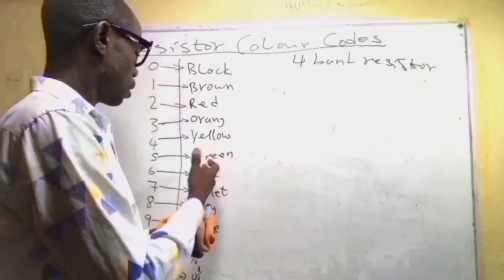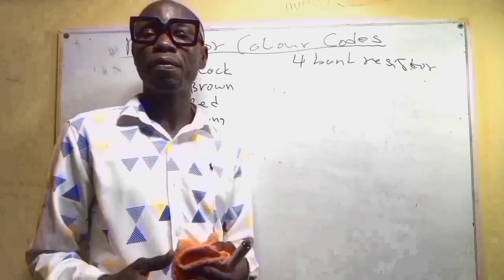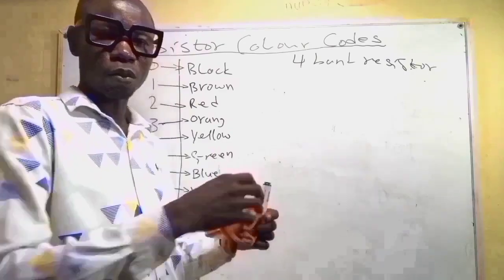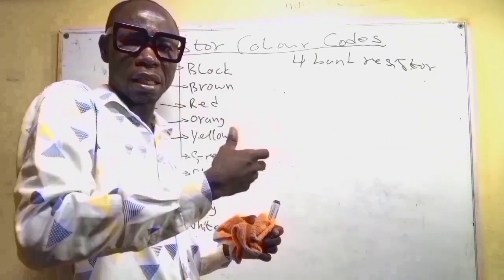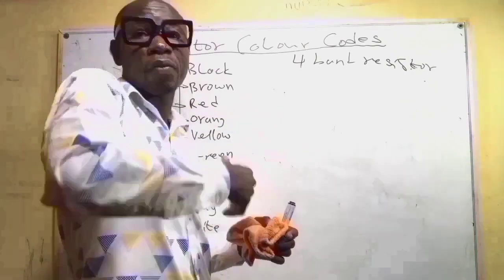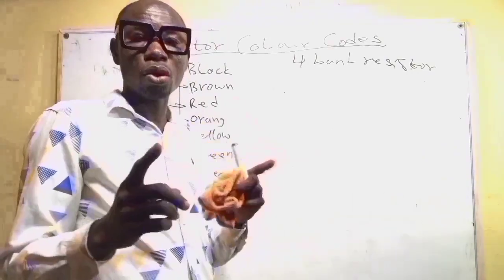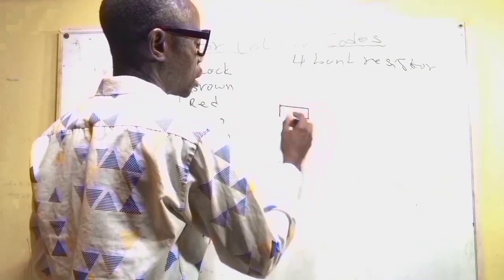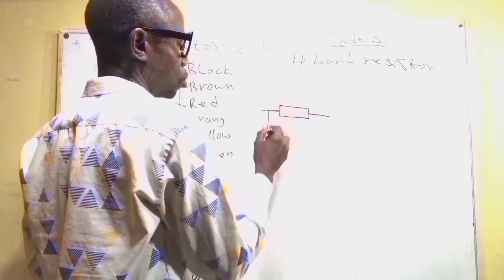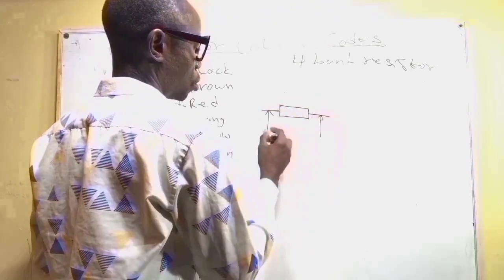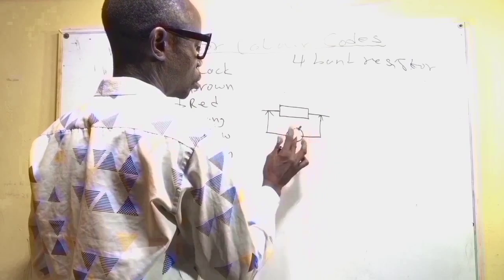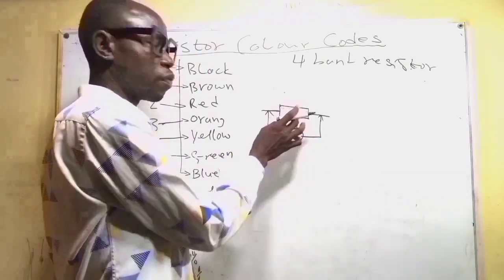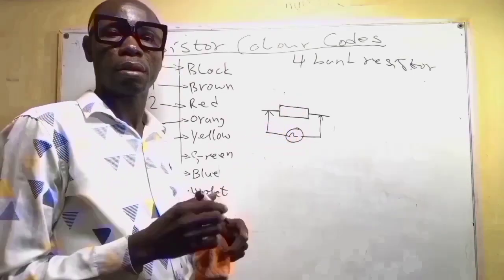But maybe it is a coated resistor and the colors have been rubbed off, so you cannot find the colors. You may use your ohmmeter to read across it, and you know the value of a resistor whose colors have been rubbed.